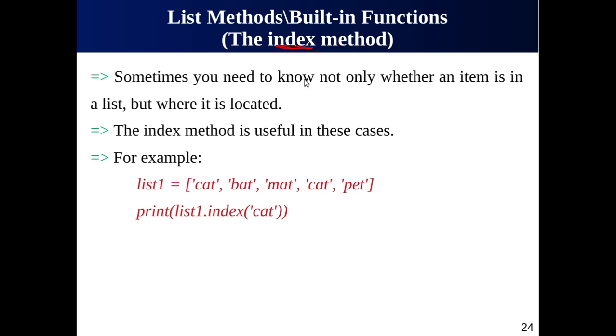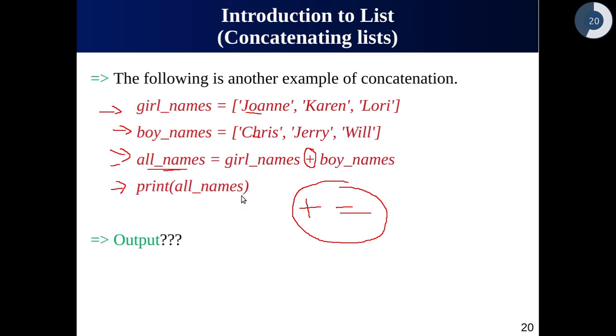So you have already seen how the indexes are used to refer to the elements of the list. Here is another example of how we can use the index method. So we have seen how we can find the location of an element just here.